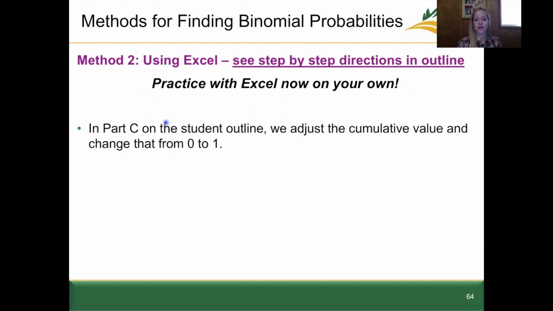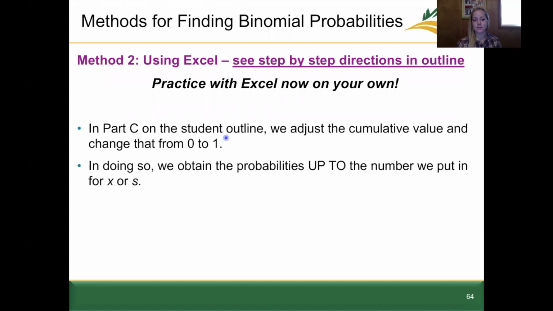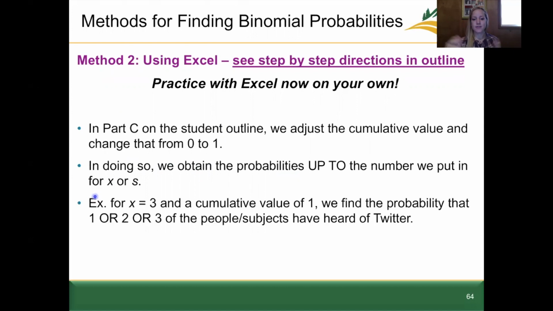When we change the cumulative value to 1, let's see what that really means. We're actually going to calculate the probabilities up to that number of X or S. So for this example, X is equal to 3, so exactly 3 adults know what Twitter is amongst the 5 trials. If we change that cumulative value to 1, what we would actually calculate is the probability that 1 adult out of the 5, or 2 adults out of the 5, or 3 adults out of the 5 have heard of Twitter.